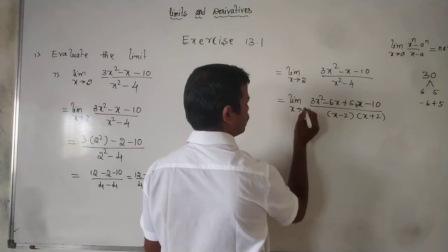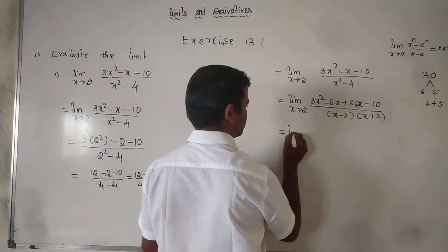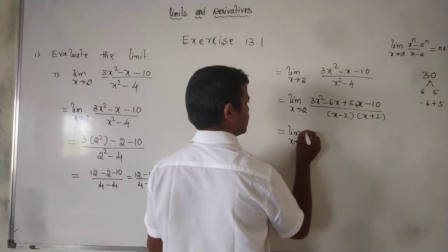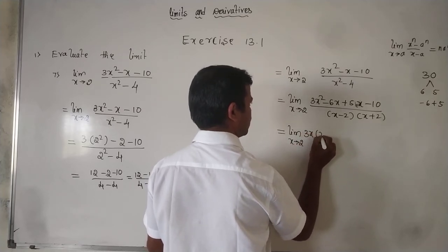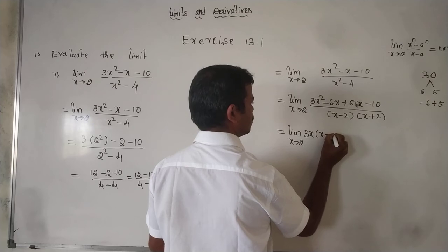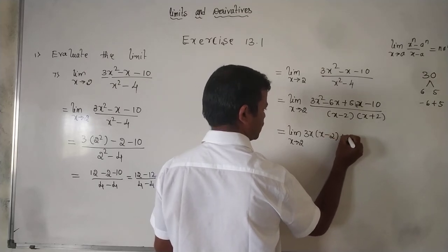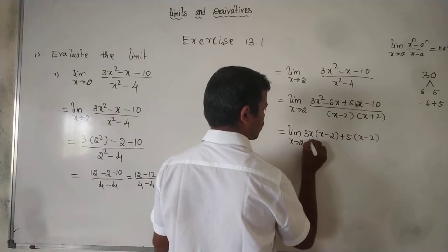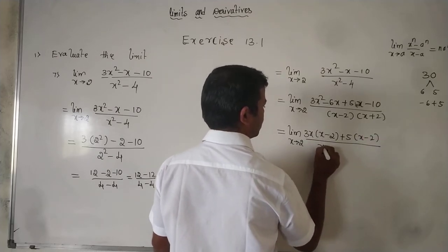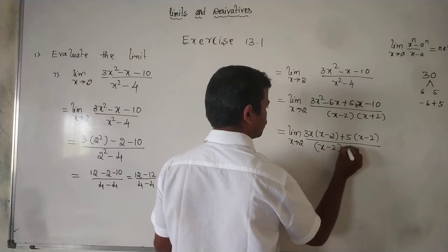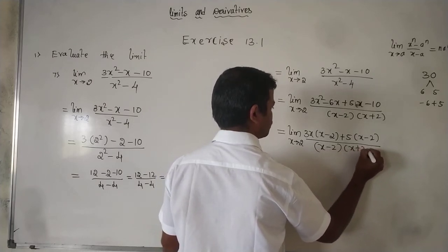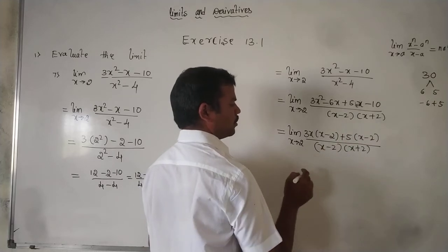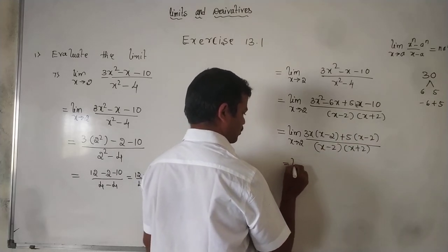Limit as x tends to 2, that is 3x common, x minus 2, plus 5 common, x minus 2, divided by x minus 2 into x plus 2. So x minus 2 is common.